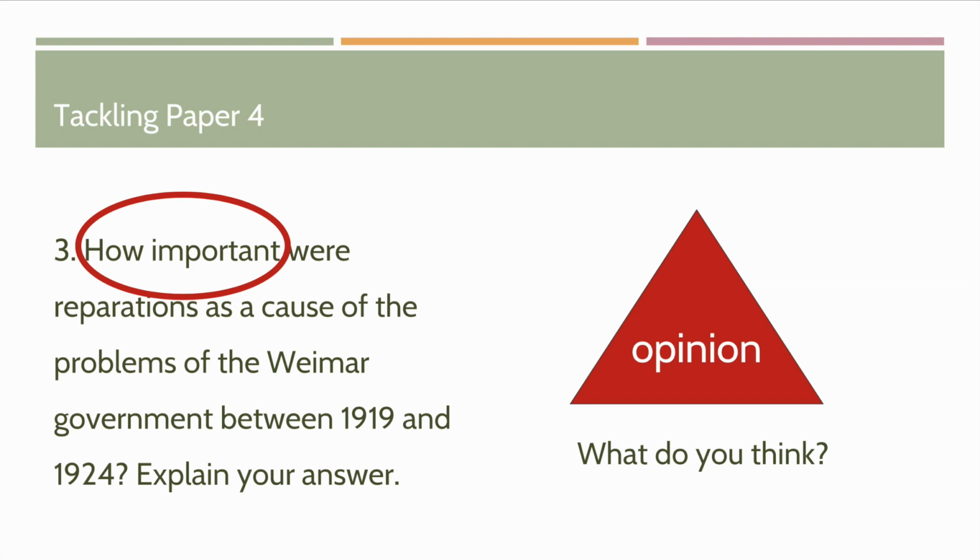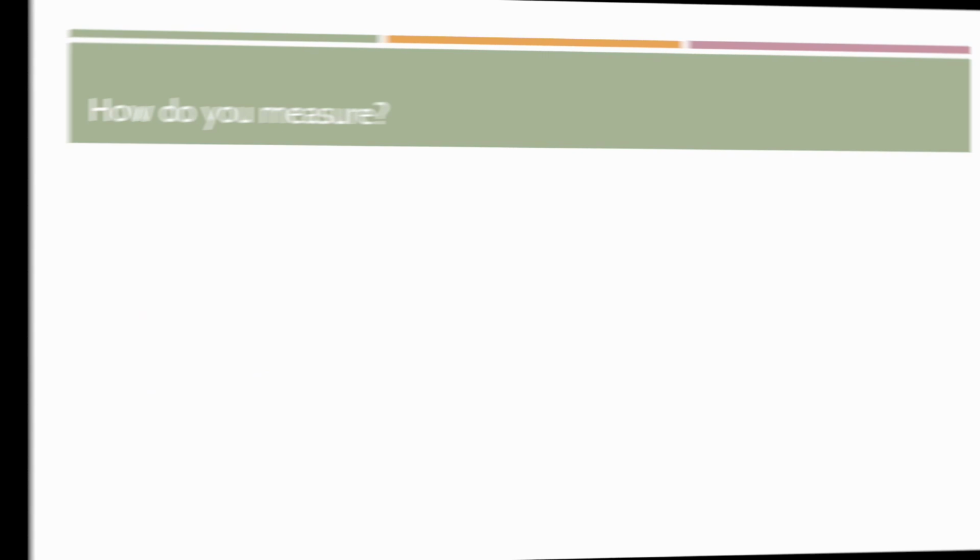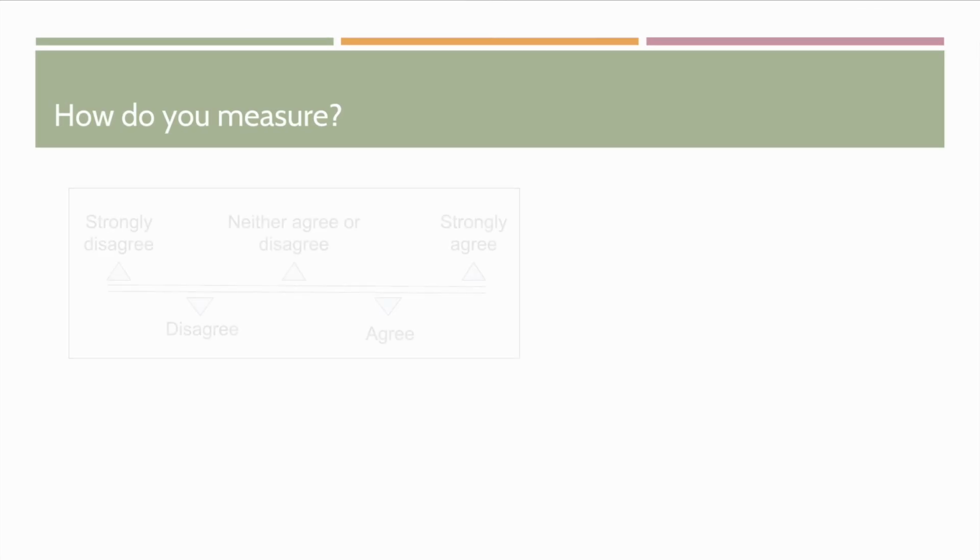When we discussed paper number 1, question number C, we talked a lot about measurements. And in history, how do we create a measurement in order to determine how important or how significant something is?